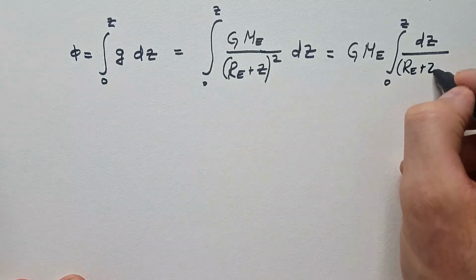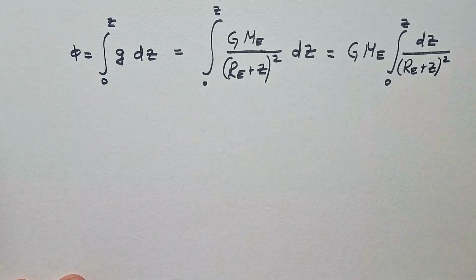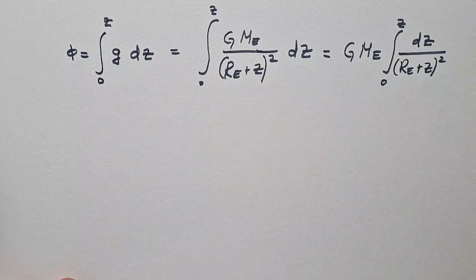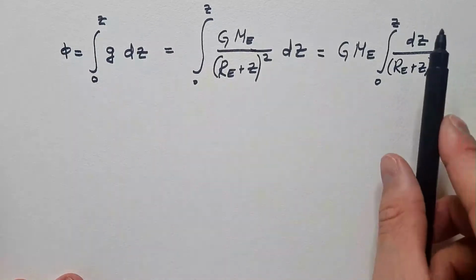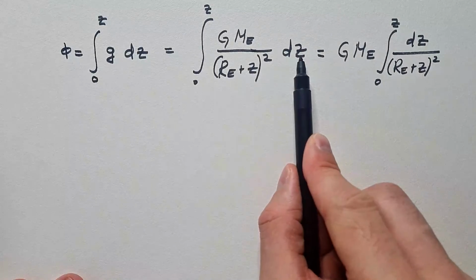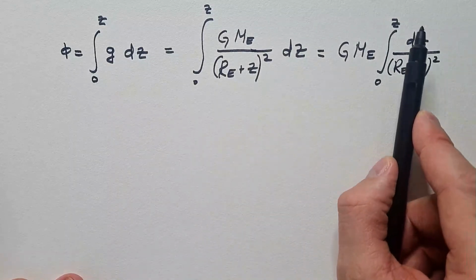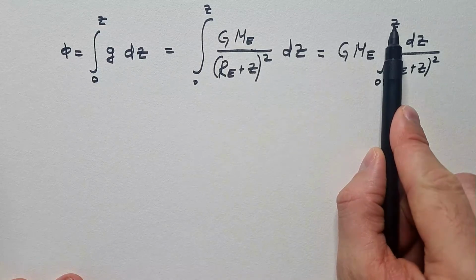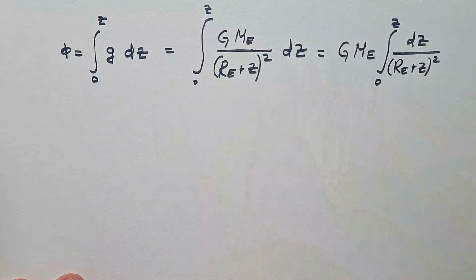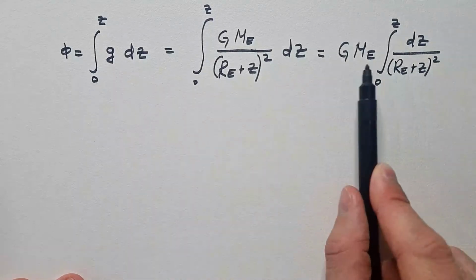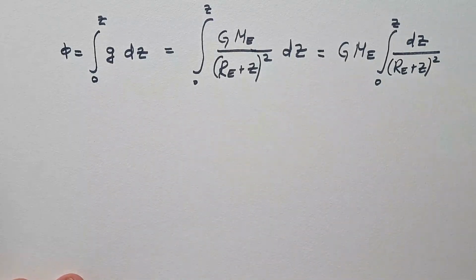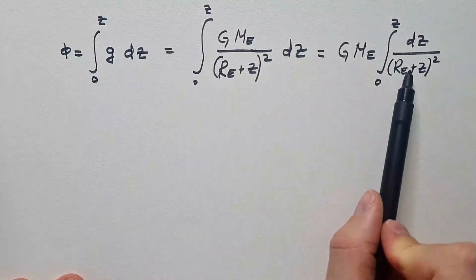R_E plus z squared. Now I would like to mention that mathematicians would not be happy about my writing style, because they would say you have to put some prime over here or something, because this is a dummy variable and it should not be exactly the same as the variable in the integration, but these are just formalities, it doesn't matter. Now, how do we solve this integral? Well, actually this is a very simple integral to solve. We will introduce a substitution.